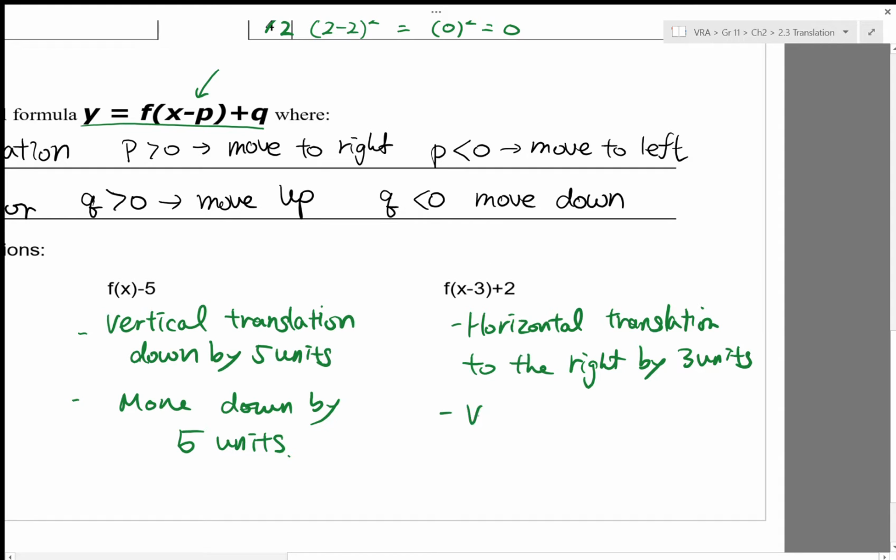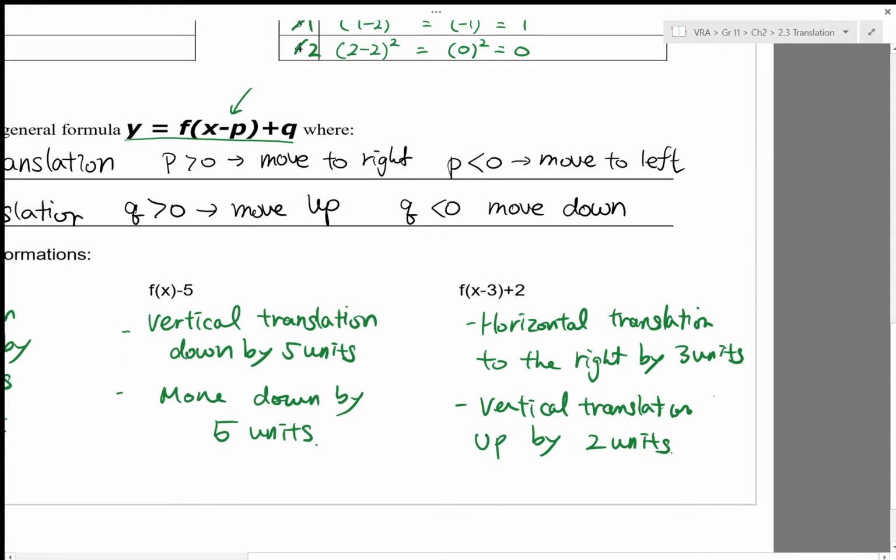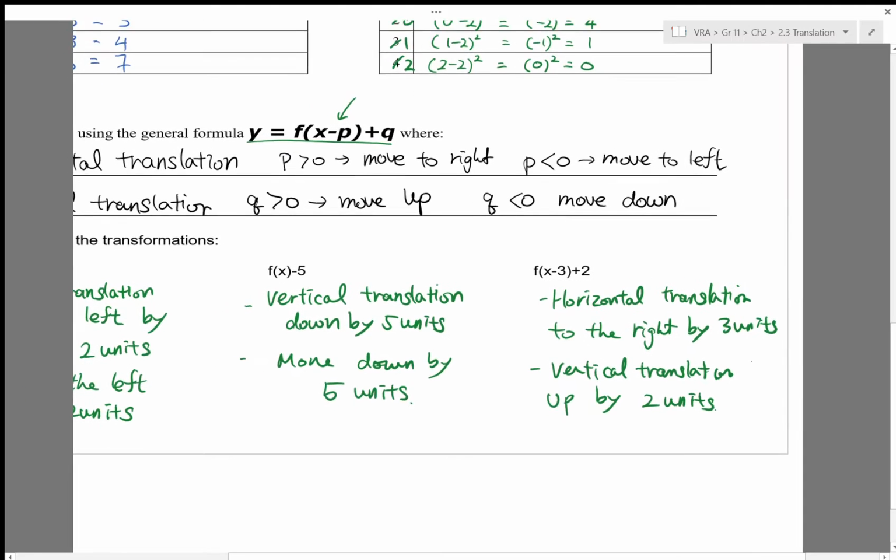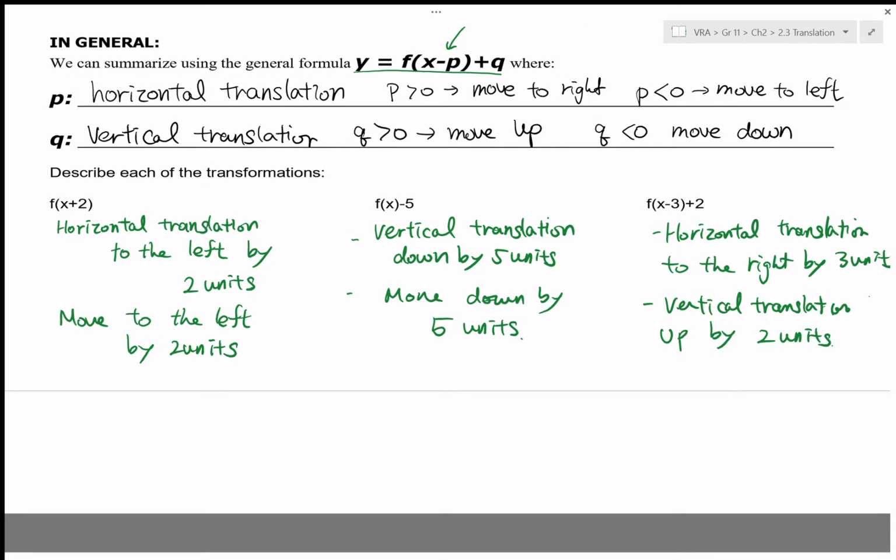And then we have a vertical translation up by 2 units. So hopefully you're getting the idea of how the translations can be identified by just looking at the function notation itself, okay? So then let's flip to the next page.